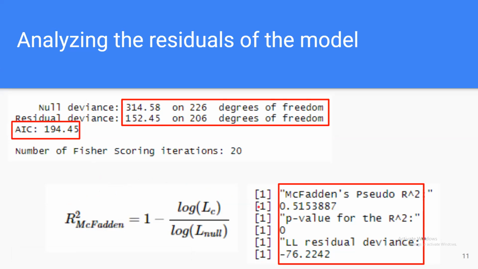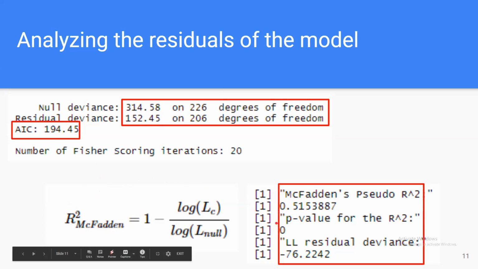In this case, the p-value is really small, so it ensures that the R squared is a good score for the model. We also calculate the log likelihood residual deviance, and we end up with a value of minus 76.22. I'm going to get back to that value in just a second.